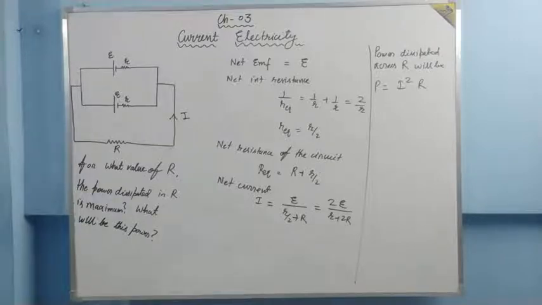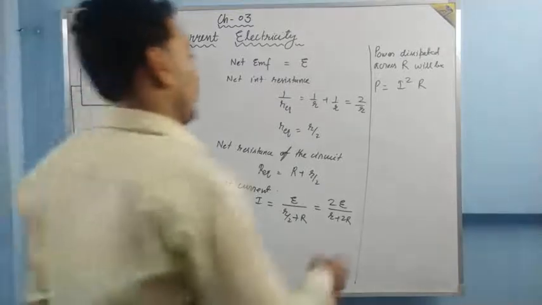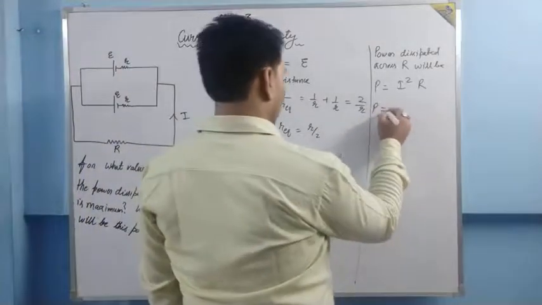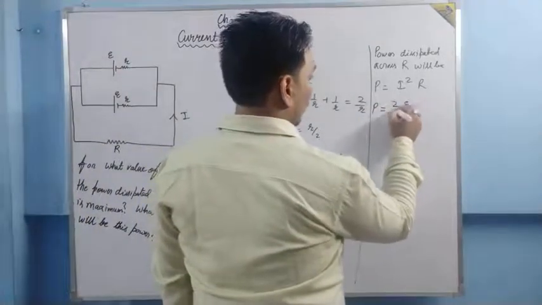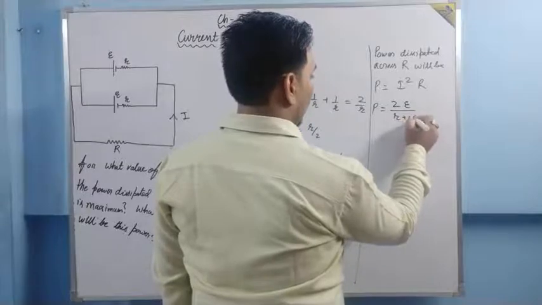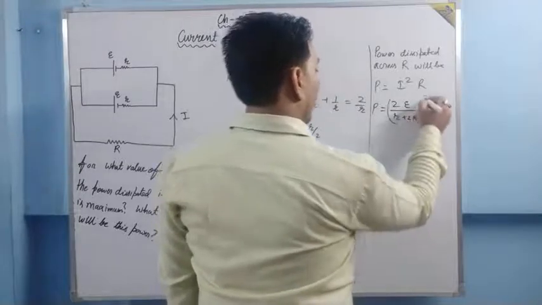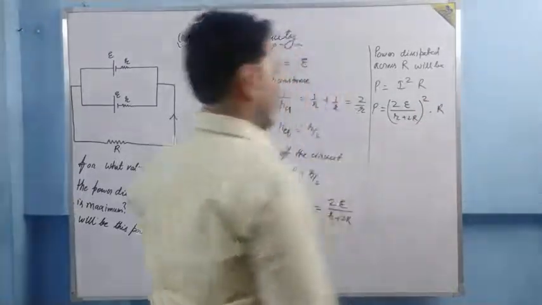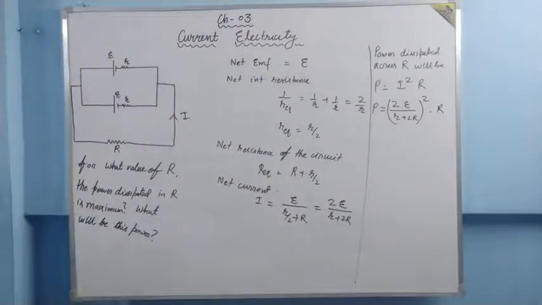What we are going to have? P is equal to 2E upon r plus 2R whole square into capital R. Is it clear?